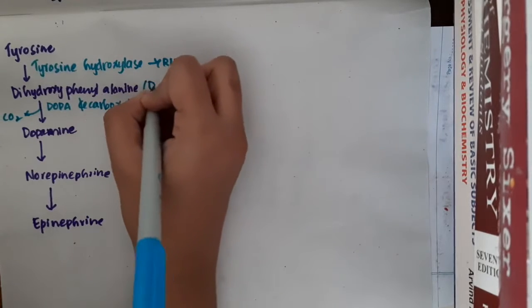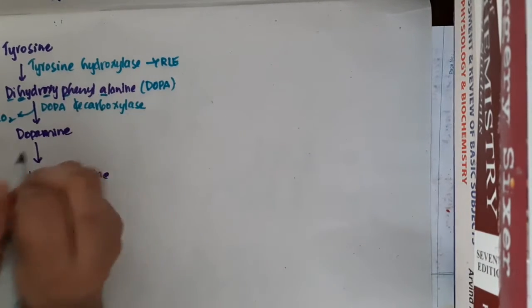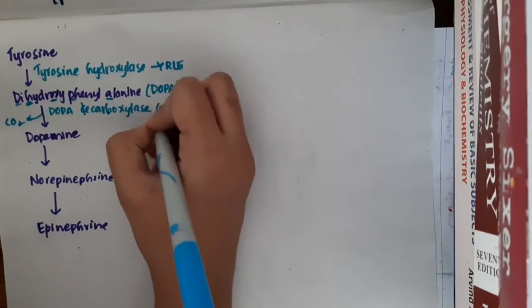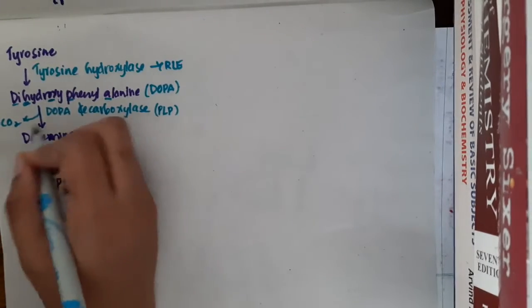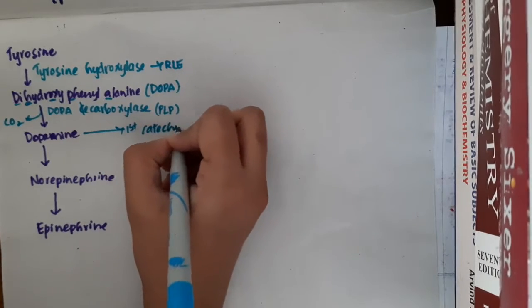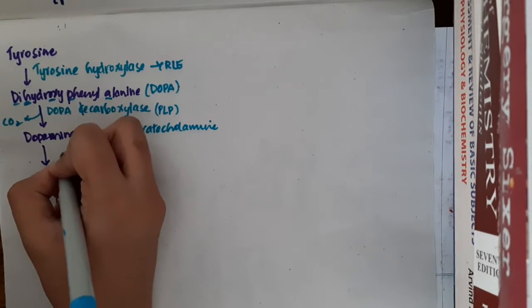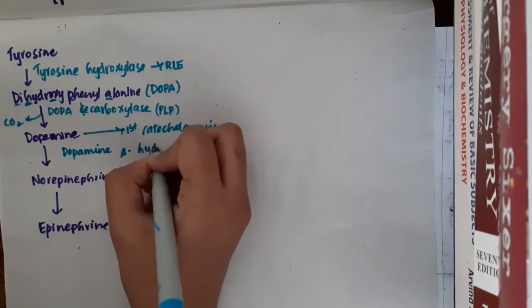This dihydroxyphenylalanine can be abbreviated as DOPA. Right? Next, this DOPA decarboxylase enzyme requires pyridoxal phosphate as coenzyme. Then dopamine is the first catecholamine to be formed in this reaction, and this dopamine gets converted to norepinephrine in the presence of the enzyme dopamine beta hydroxylase.